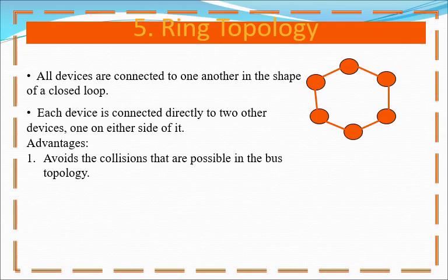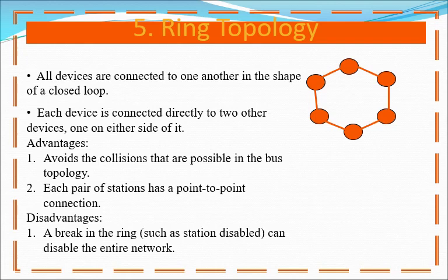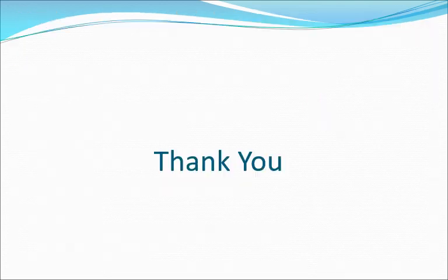There is no dedicated link. Here each pair of stations has a point-to-point connection. The disadvantage of this ring topology is that if one of the devices is disabled or there is any fault in the ring, it may affect the entire network. As well as it allows unidirectional traffic, that is, the flow of traffic in only one direction.